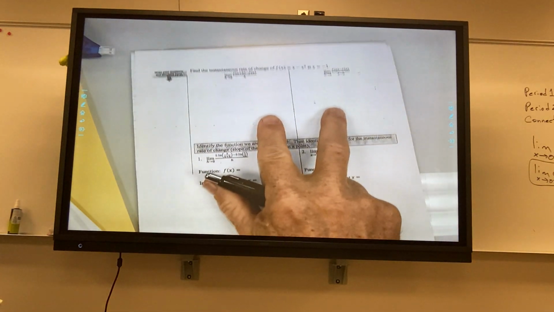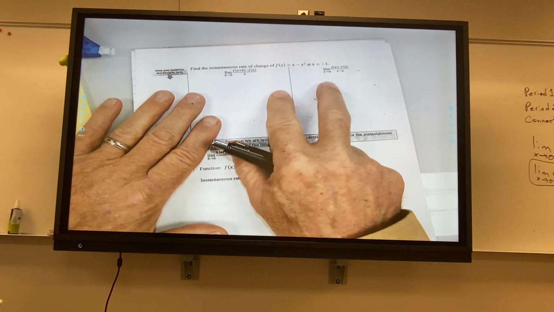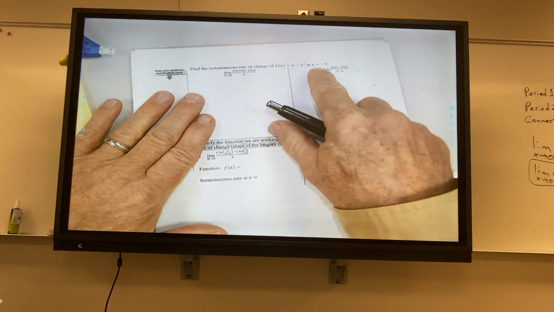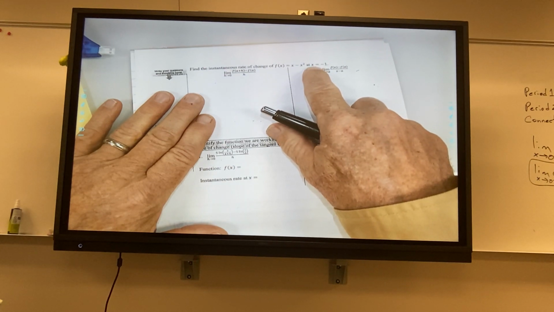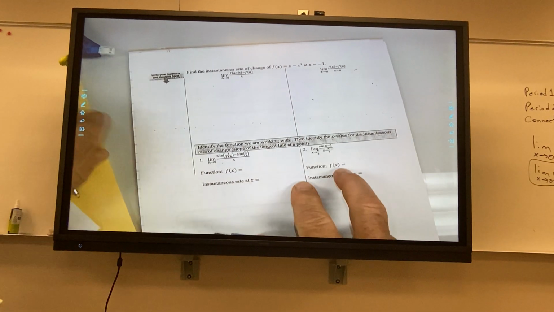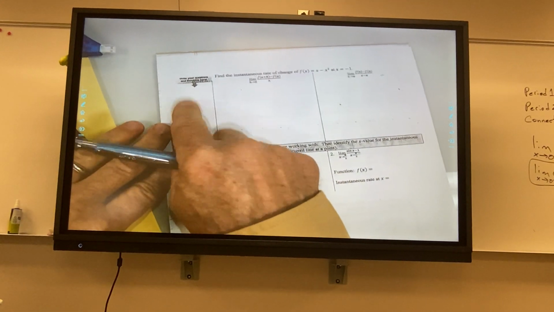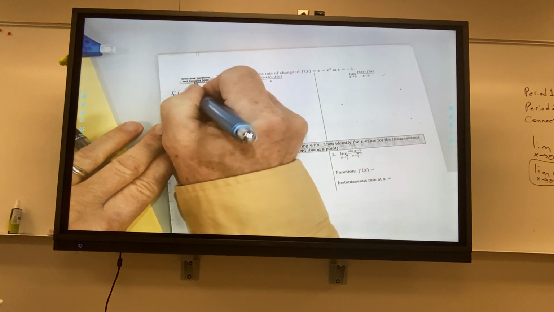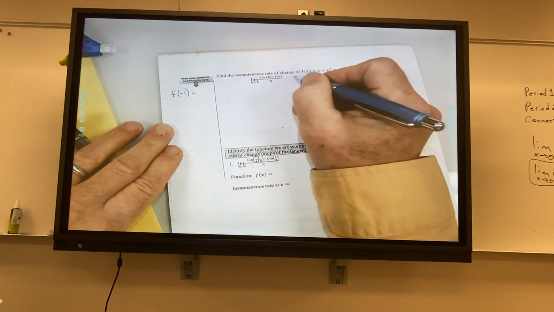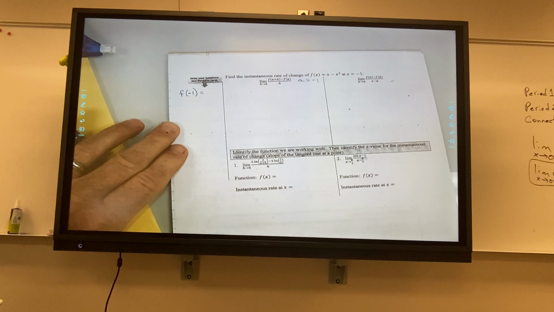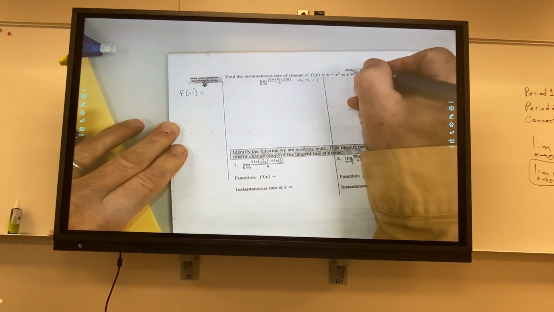So we're going to figure out the slope of the tangent line, or the instantaneous rate, of this function f of x at the value x equals a, negative 1. So it's going to look like this. The first thing I did over here is I figured out what f of negative 1 is, because I'm going to need to know that. a is equal to negative 1, so this is really a right here.